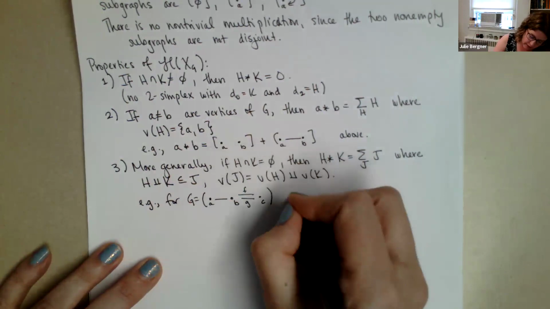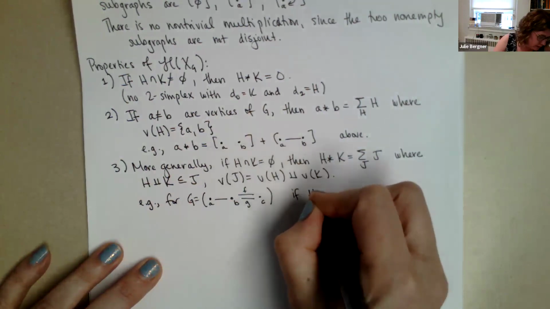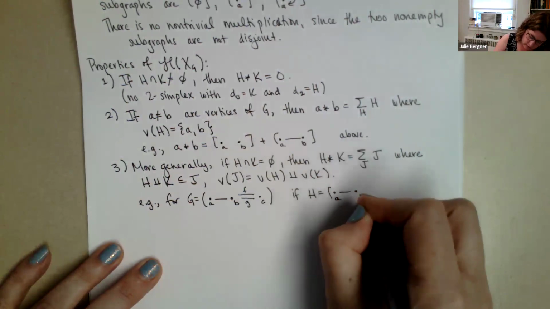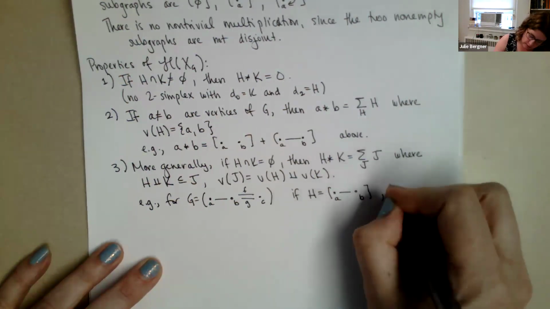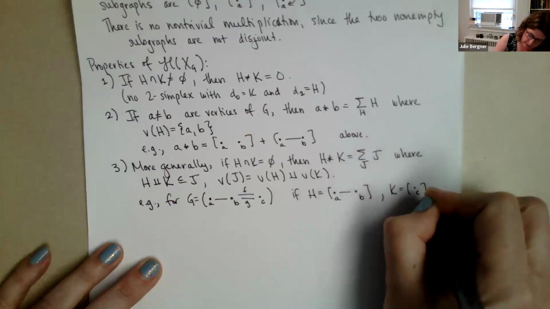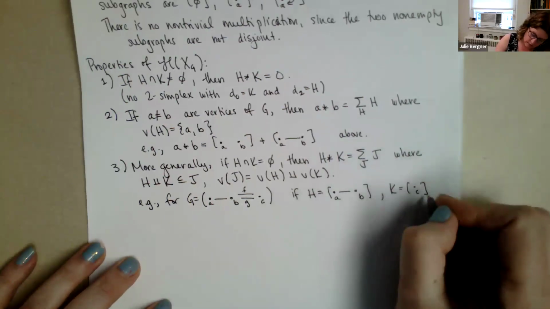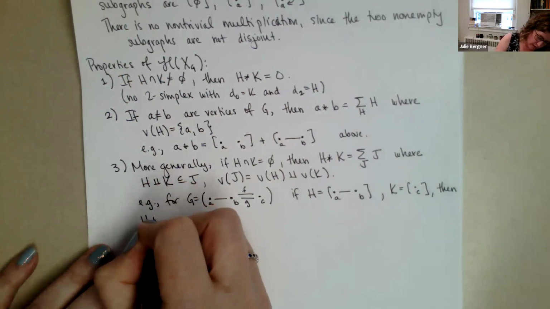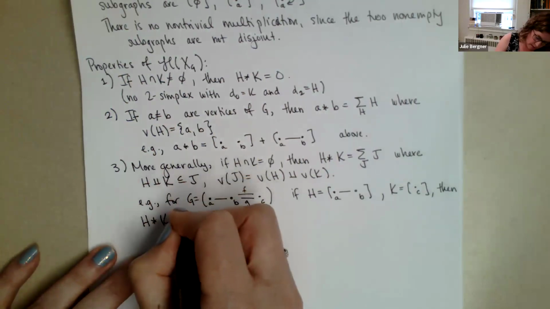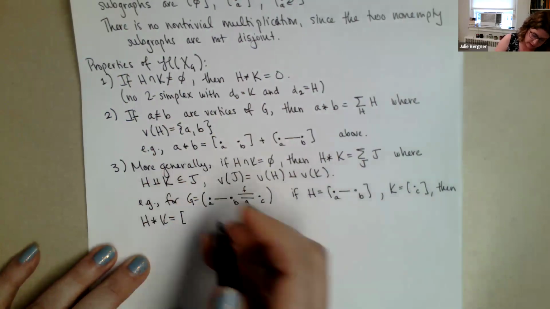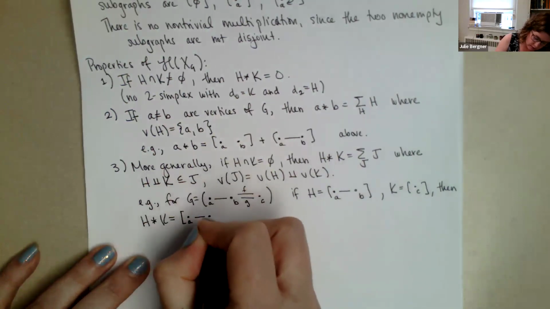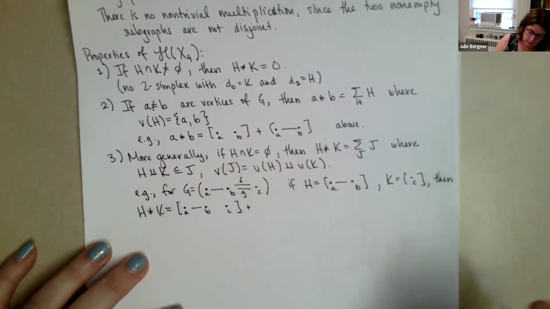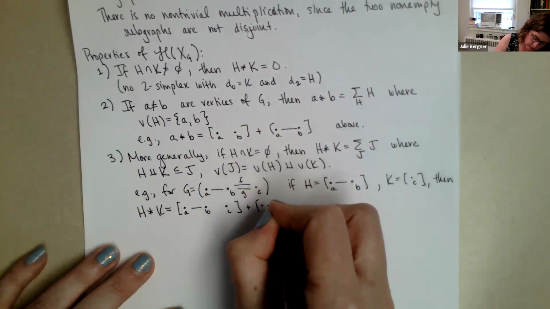Now if I took H to be the subgraph AB, and K to be the subgraph that's just C, then if I multiply them together, my first option is to take the disjoint union of them, but then I can start inserting some or all of the edges.